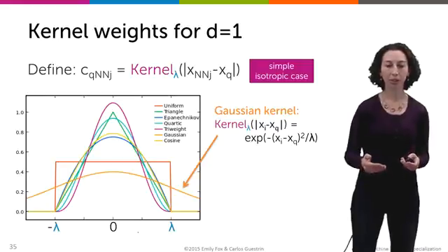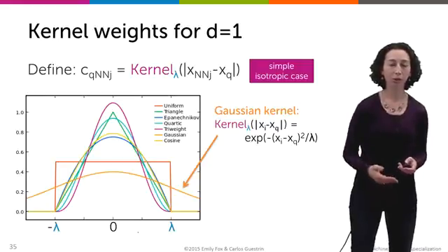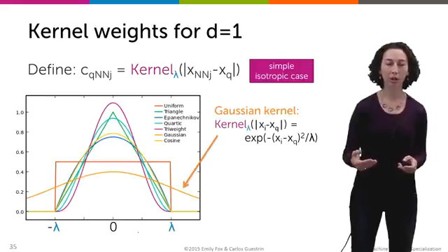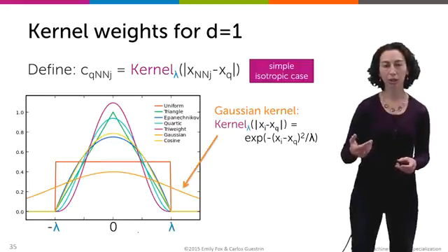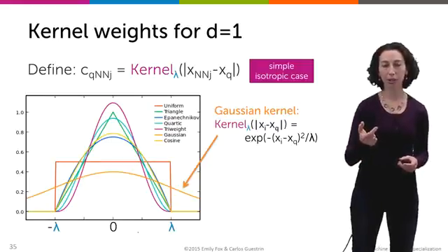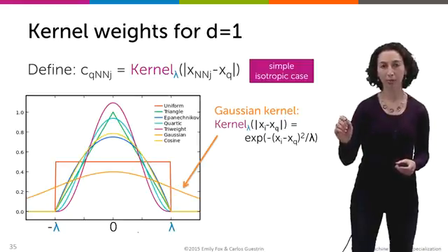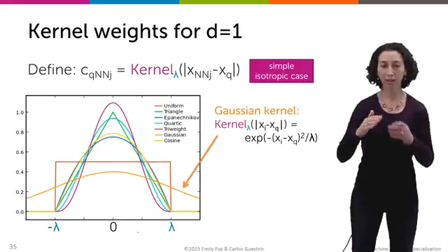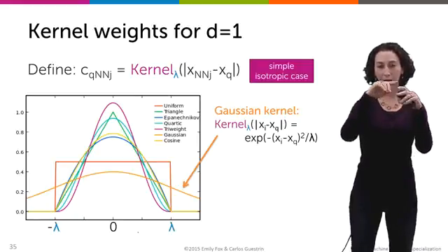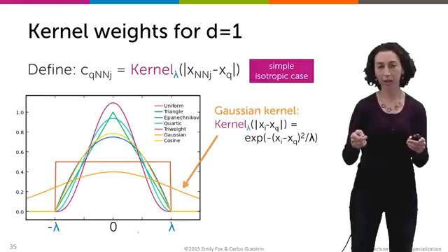So as an example here, one commonly used kernel is something called the Gaussian kernel. And what we see is that this kernel takes the distance between xi and xq, looks at the square of that distance, and then divides that by a parameter lambda. And that lambda is going to define how quickly the function decays.